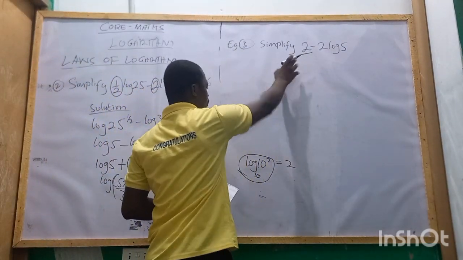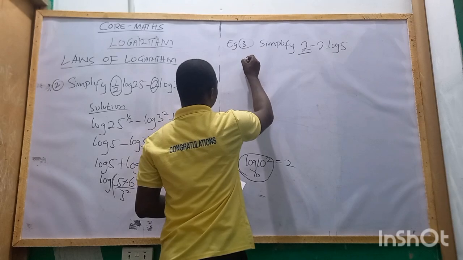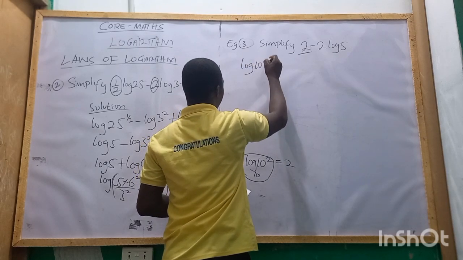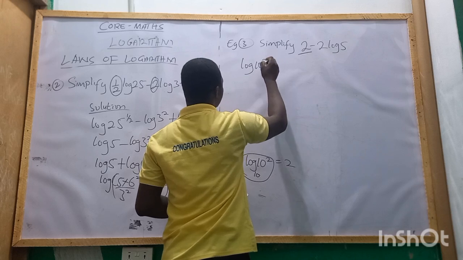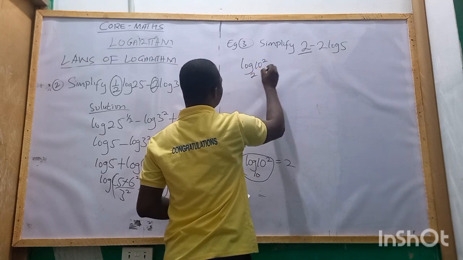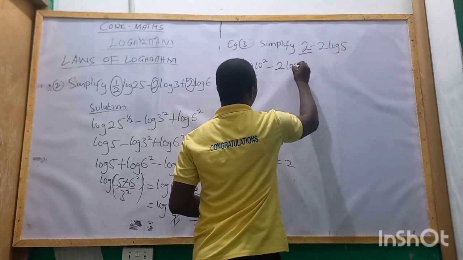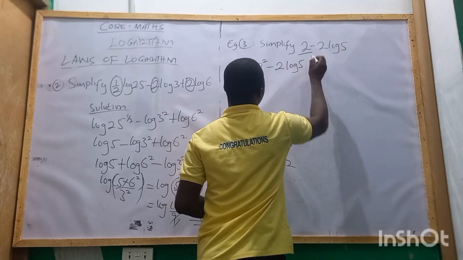So instead of 2, I'll get what? The log of 10 squared is 2 minus 2 log 5.